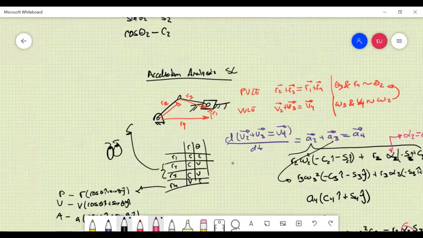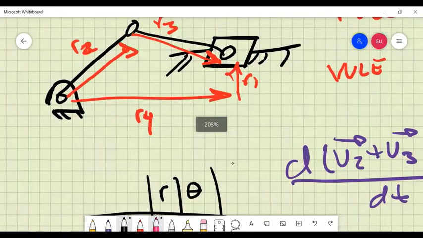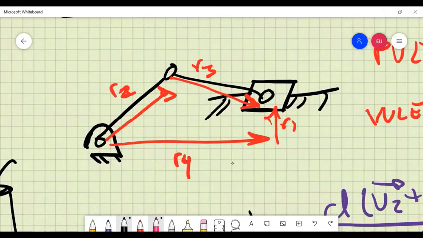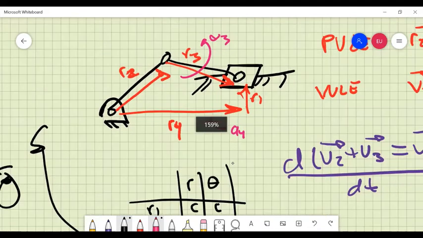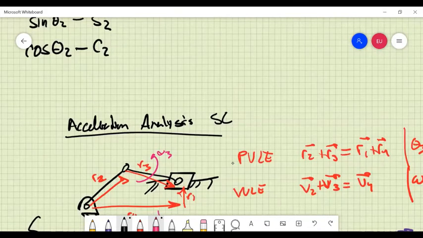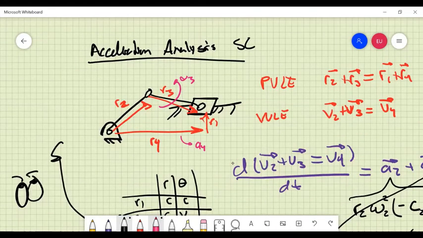So I complete this diagram now. I have alpha 3 there, and I have here a linear acceleration. Okay. Which I think it should be added, not like that, sorry.